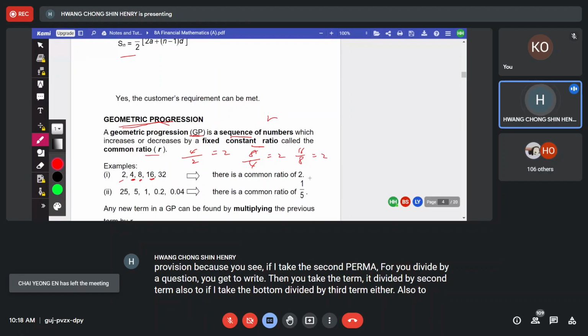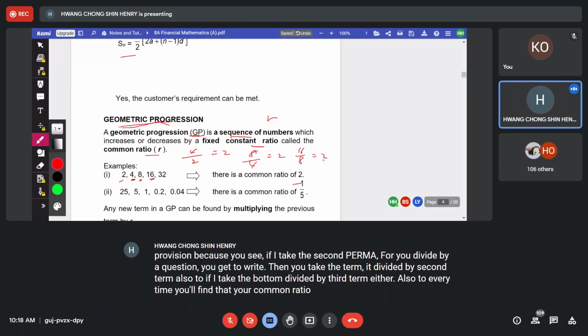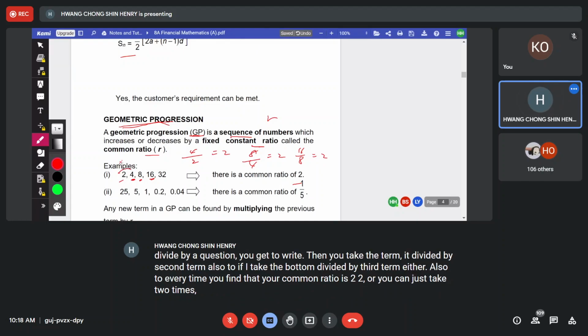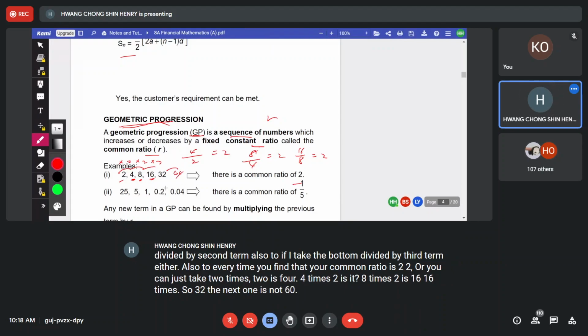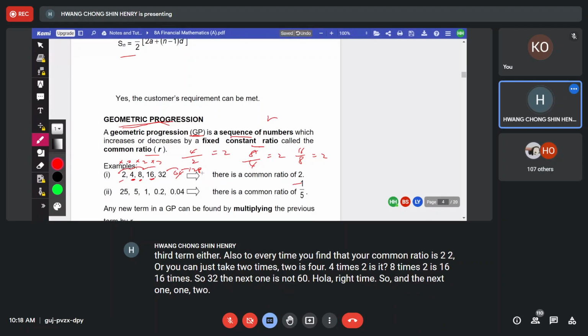Every time you'll find that your common ratio is 2. Or you can just take 2 times 2 is 4, 4 times 2 is 8, 8 times 2 is 16, 16 times 2, 32. The next one is 64, times 2, then the next one, 128, and so on. So this is how we know this is a common ratio, it is GP.